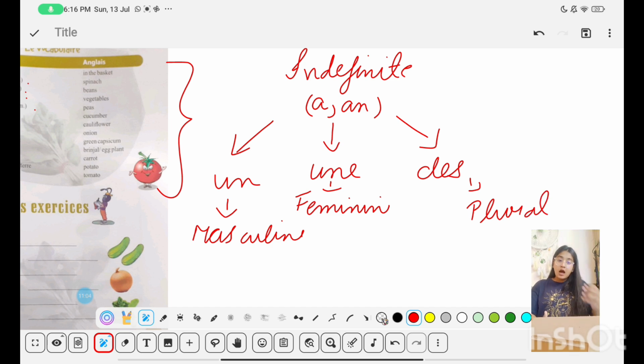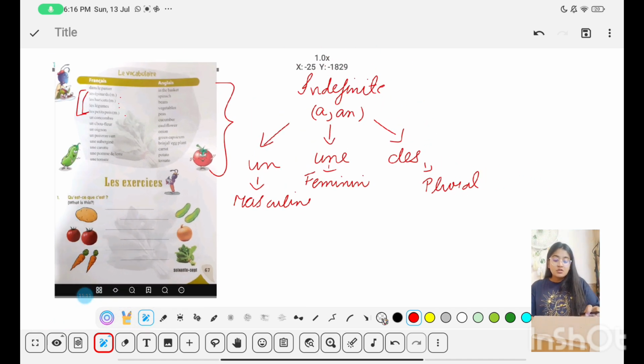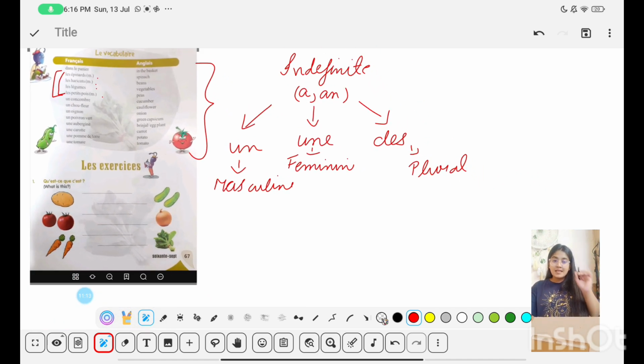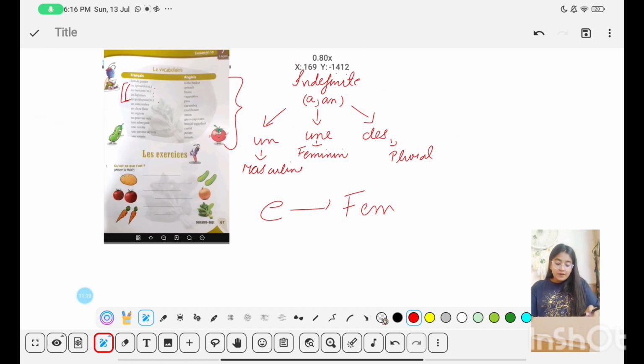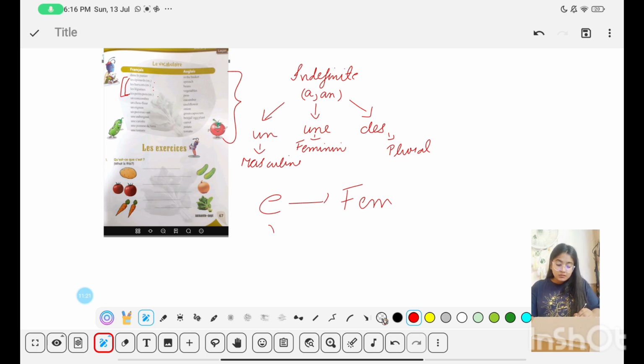Now, how will we know whether the object is masculine or feminine or plural? What is the trick for it? So the trick is, if an object is ending with E, it is feminine. If an object is ending with S, it is plural. Now, what is left?